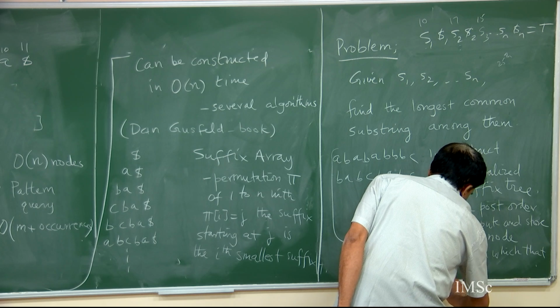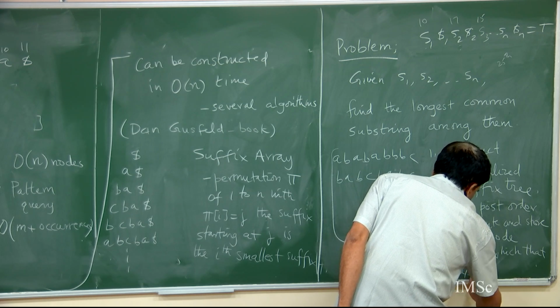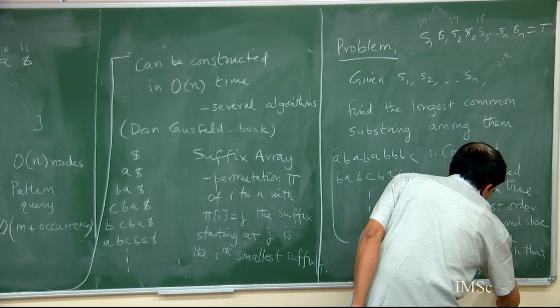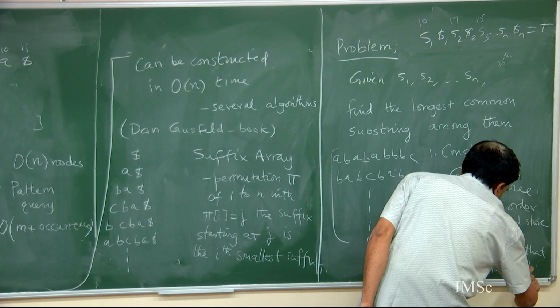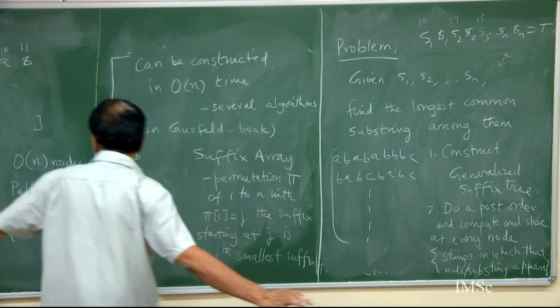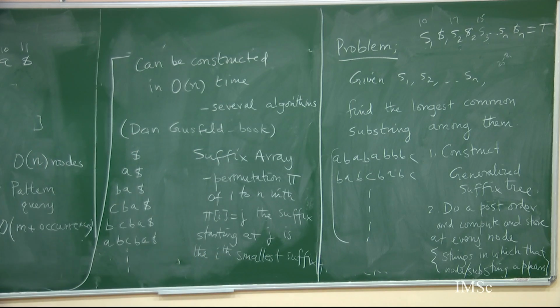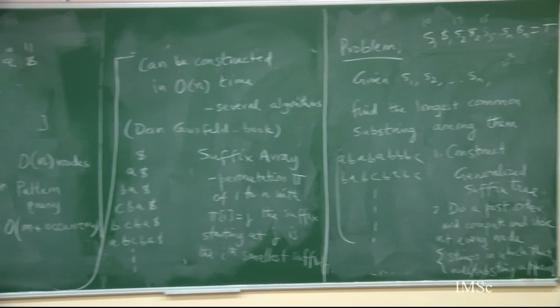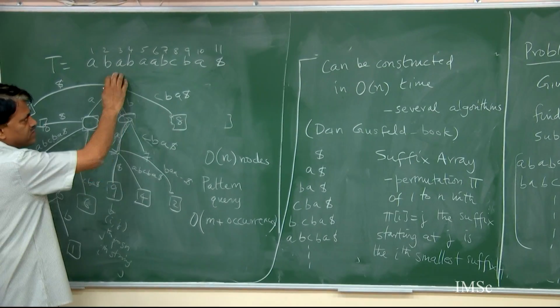The node corresponds to a substring, and that can be done in post-order. So I open up a set here, and all the sets I see I just collect and put here. As I go up, it is just the union of the sets below: take the union of the sets and that comes here, take the union of the sets and that comes here, that is it.